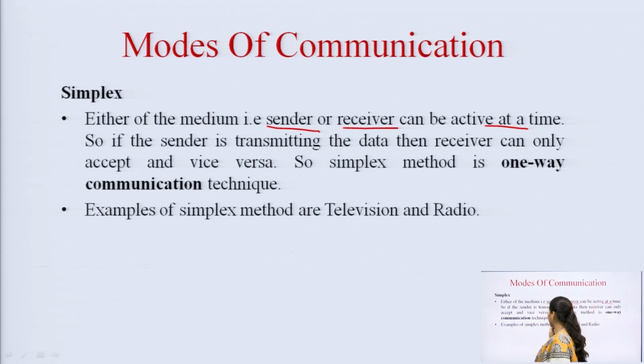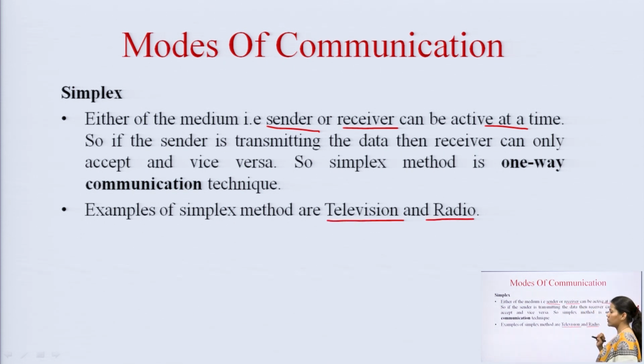The perfect examples are television and radio. In television and radio there is only one-way broadcasting; data is only received at our end, and we cannot communicate from our side to the radio or the television. So, this is the simplex mode of communication, only one-way communication.